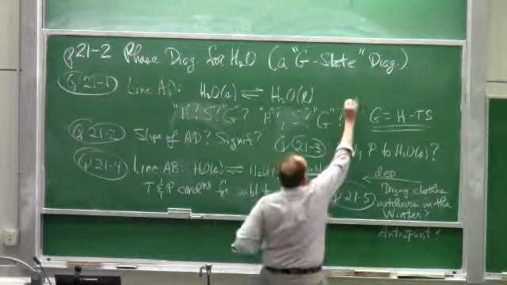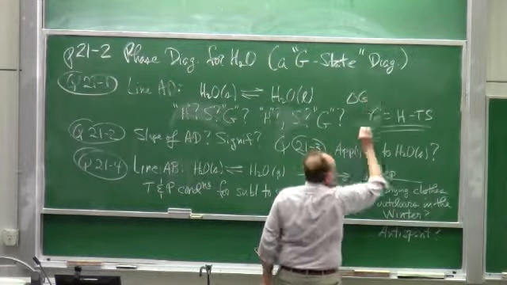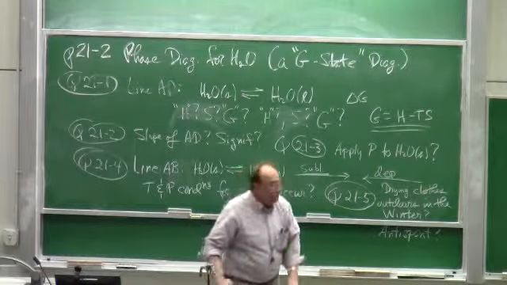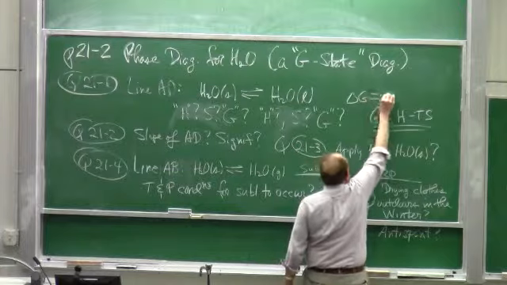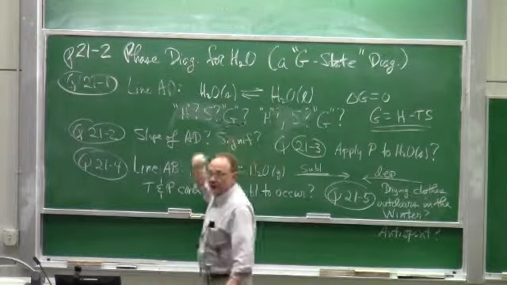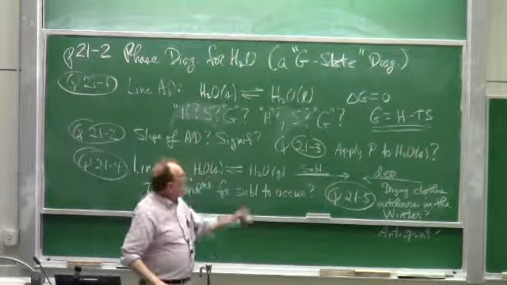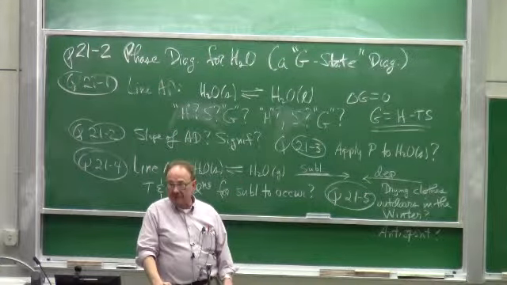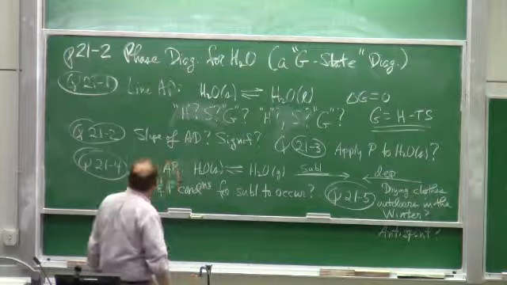What's delta G for this, since the equilibrium condition exists? Zero. Which means that the G states of these two samples of material at any point on line AD are equal. Delta G is zero, equilibrium exists.